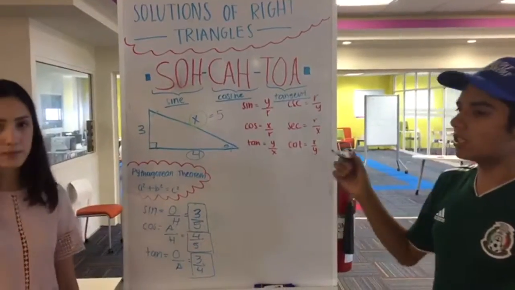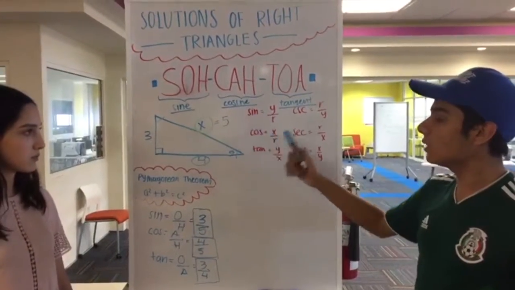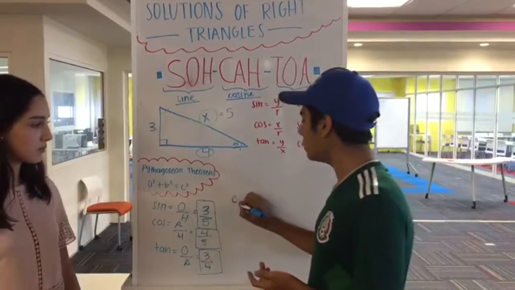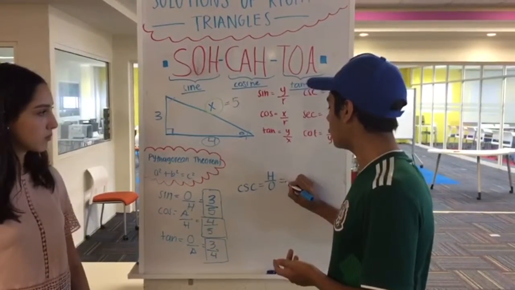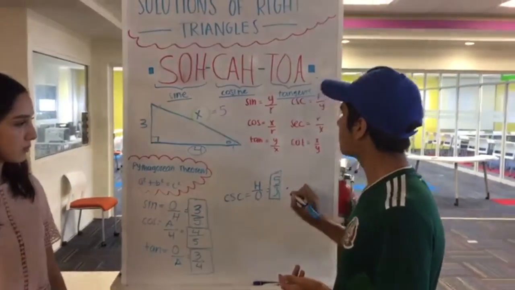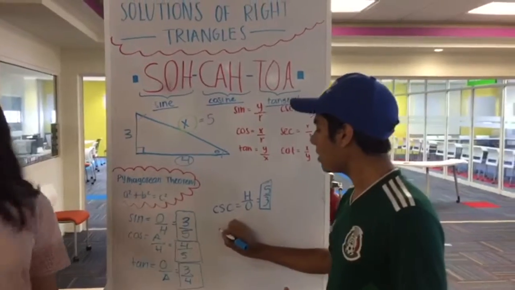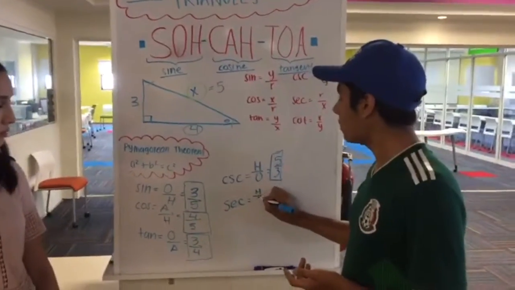And as we said, each ratio has its coterminal. In the example of sine, it will be the cosecant. So the cosecant will be hypotenuse over opposite. So in this case, 5/3 will be your cosecant. Your secant would be hypotenuse over adjacent.